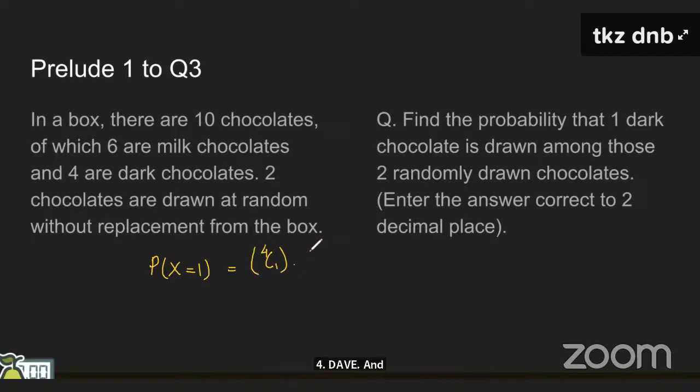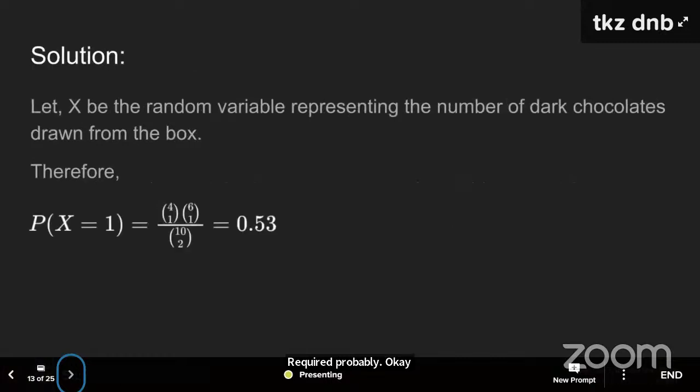And we are choosing 2 chocolates, so by default the second one will be 6C1, milk chocolate. And we are drawing the chocolates from 10, so 10C2. This is the required probability. The value will be 0.53.